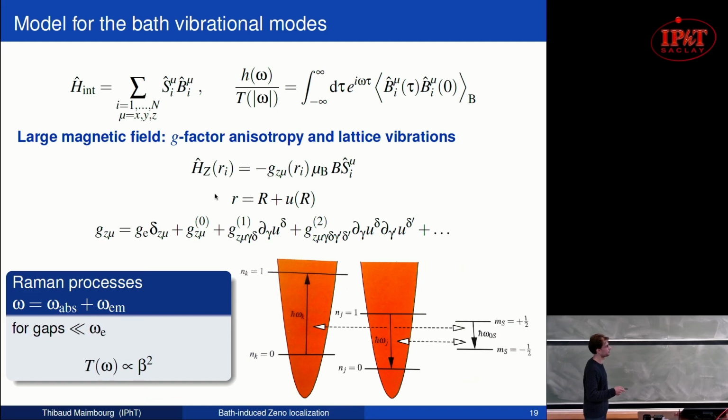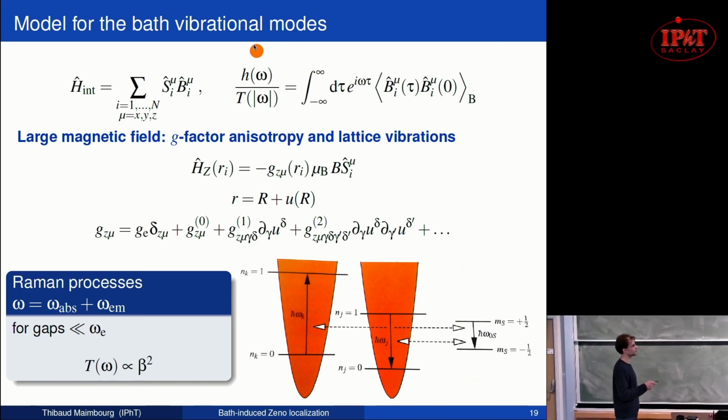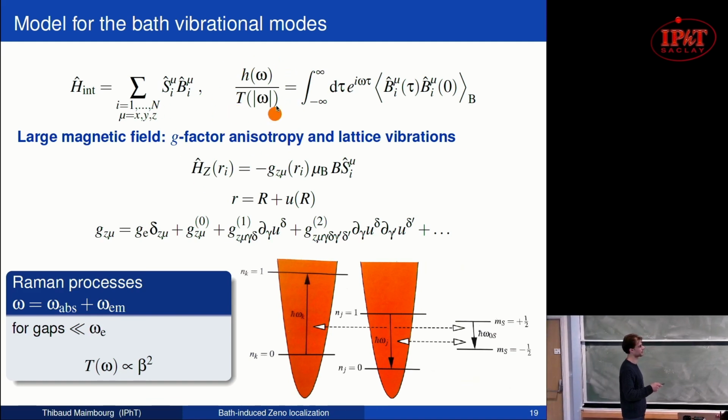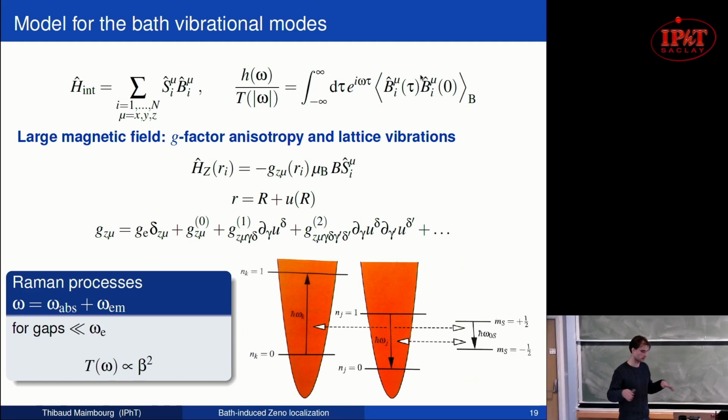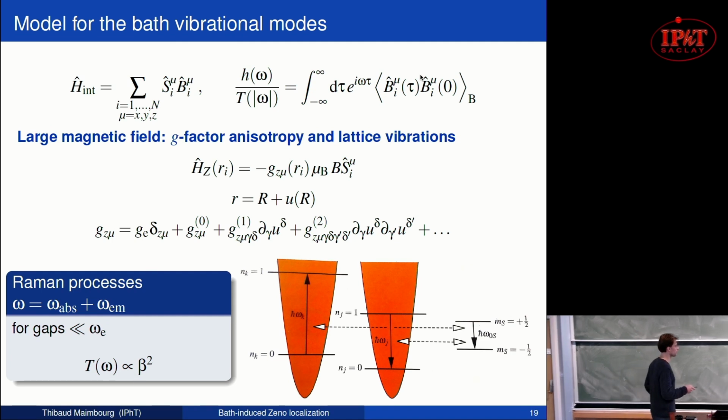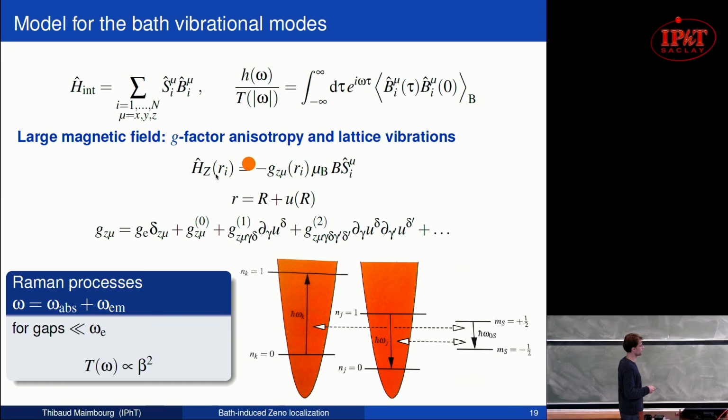And if I consider phonons, so this is the definition, okay, of this quantity here. It's just the Fourier transform of bath correlation functions, okay? And basically, we have a model in this case where, due to the dominant interaction in the system, which is the magnetic field, and if you consider how this is affected by the propagation of phonons, basically you have a process which is called the Raman process.